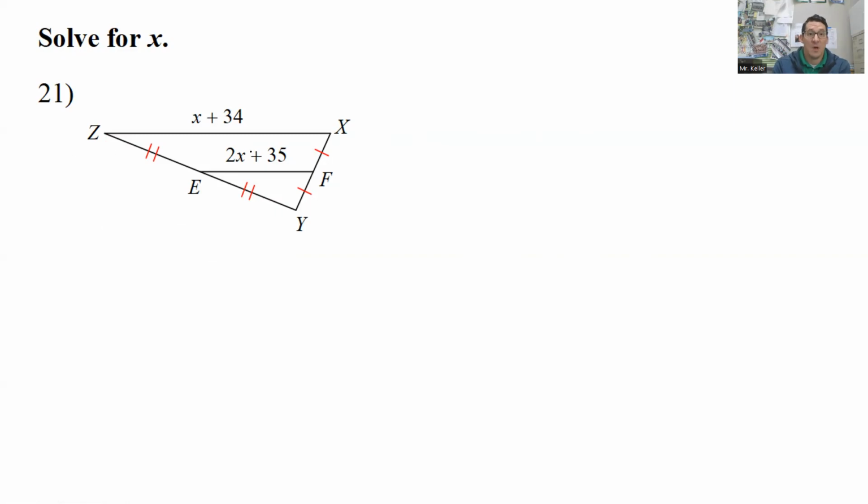Here, this is a weird one. This is x plus 34. EF is 2x plus 35. So EF is the smaller one. 2x plus 35 is equal to x plus 34. Remember, it takes 2 of these to make one of those.